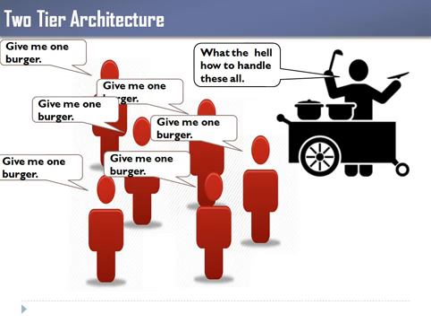It might be possible that he will give food to someone and forget to take money from that person. That situation creates chaos for him. So in a two-tier architecture, in which the client directly interacts with the server, the situation will be worse if the number of customers increases. This issue is also known as a scalability issue.